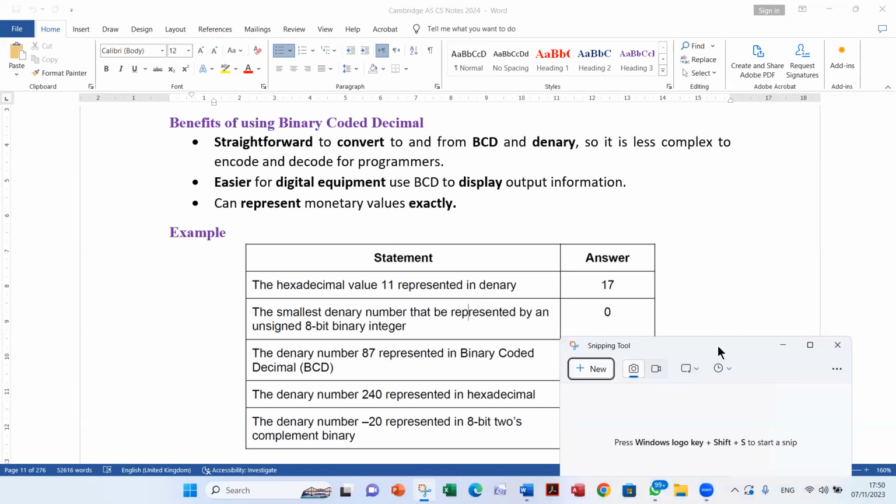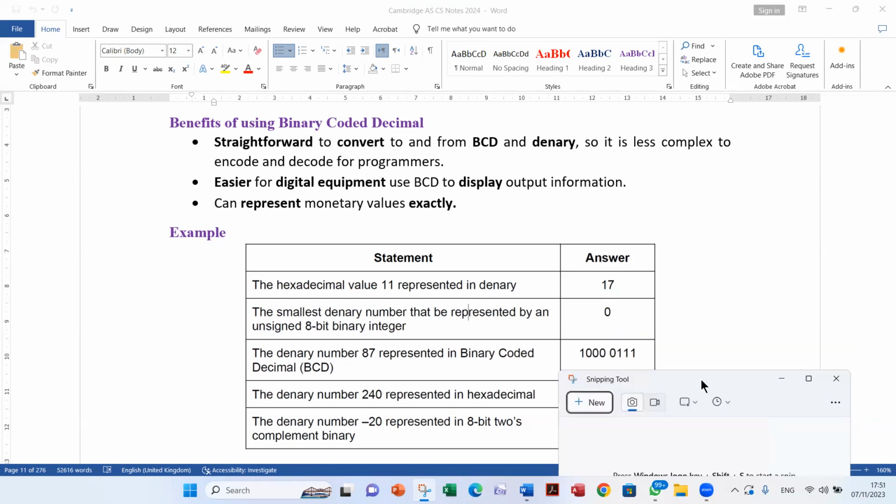Excellent. The number 87 represented in binary coded decimal, BCD. Just convert the 8: the 8 is 1000. And convert the 7: the 7 is 0111. This is the 8, 1000, and this is the 7, 0111. It's so simple. BCD is very, very simple.